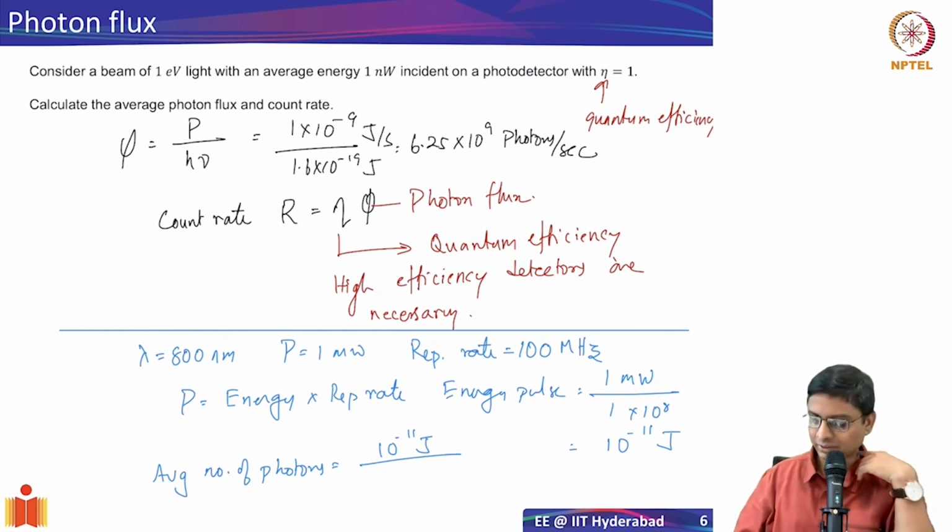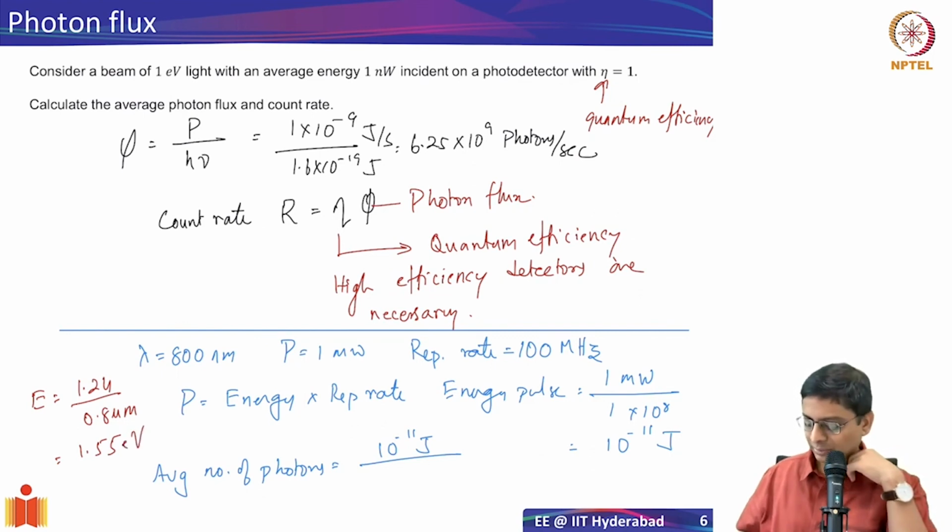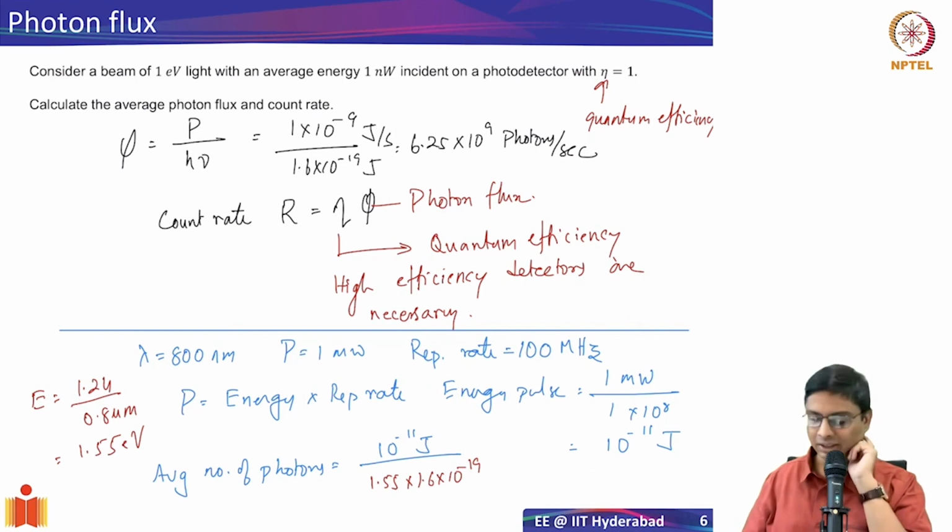In this case, the wavelength is 800 nanometers, so the energy in eV is 1.24 divided by 0.8 micrometer, which is 1.55 eV. This is the energy of the photon. So 1.55 times 1.6 into 10 power minus 19, and if you do that, some number will come.